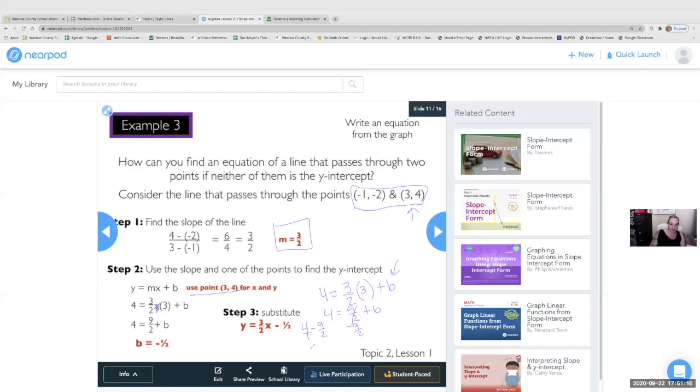So we're going to rewrite this as 8/2 minus 9/2. Okay, that equals -1/2. So what we have is y equals the slope, 3/2 x, and our y-intercept is -1/2.